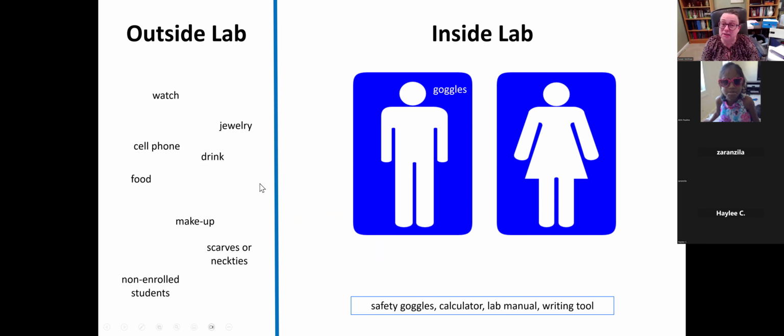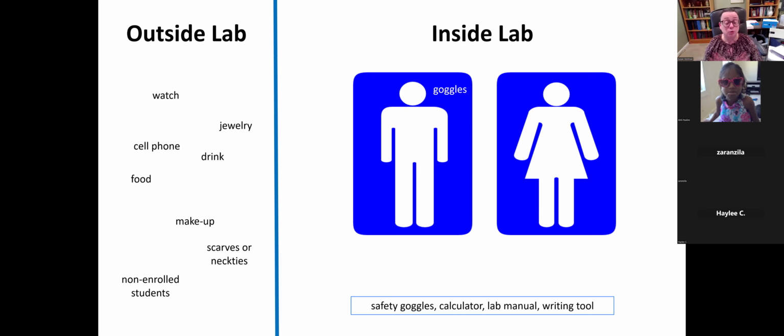Non-enrolled students. See, this is something that nobody thought about. Yes, please don't bring friends. They haven't been trained, right? They haven't prepared. They're not ready for class. Our class is full. I don't know if you've noticed, we have 24 students. By the time we get all of our big grown-up selves into that lab, we fill all the seats in the lab.